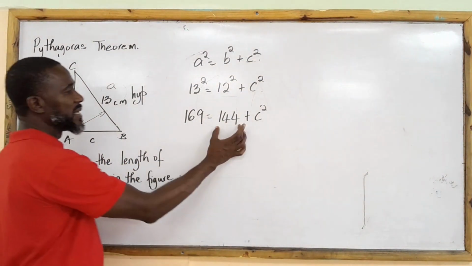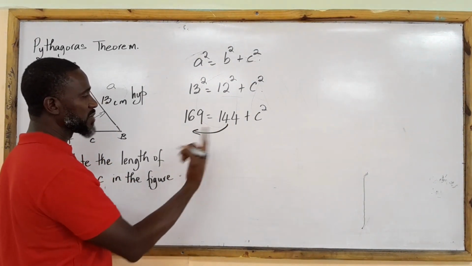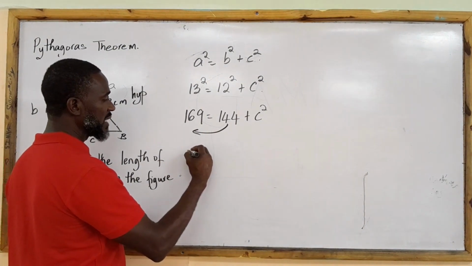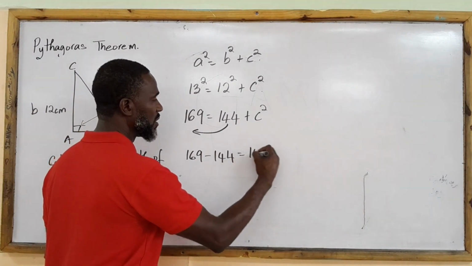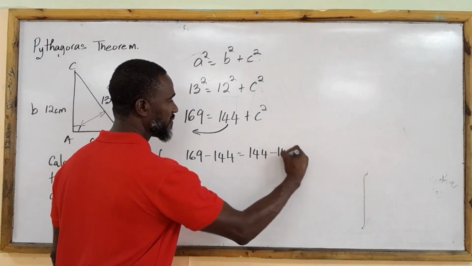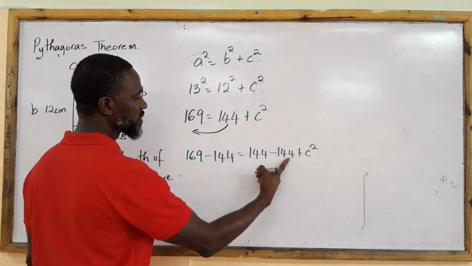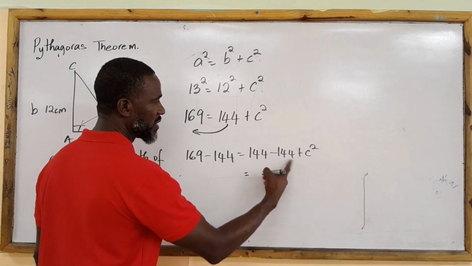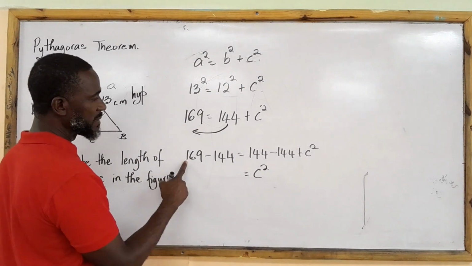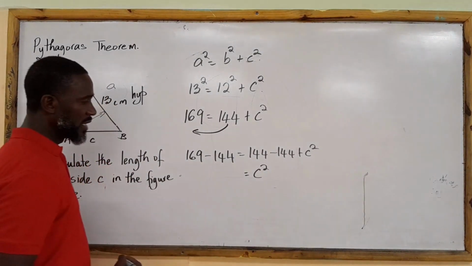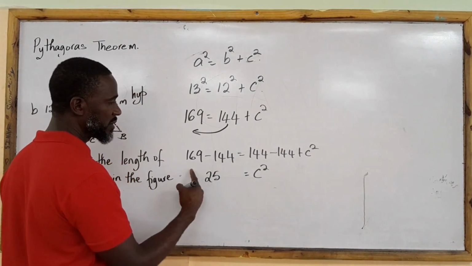Since we are adding, if this 144 is moved across to that side, or if we subtract 144 from both sides, we get 169 minus 144 is equal to 144 minus 144 plus c squared. 144 minus 144 gives us 0, so 0 plus c squared gives us c squared. 169 minus 144 is 25. So c squared is equal to 25.